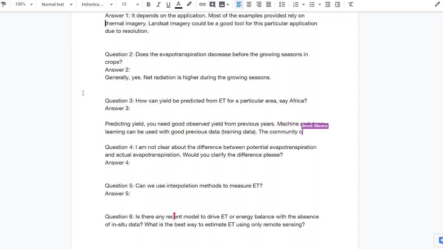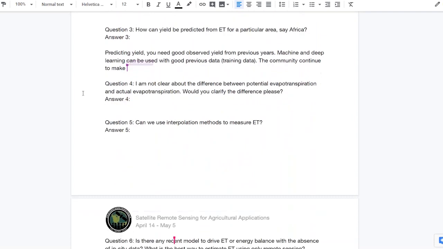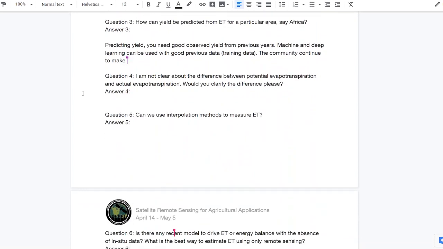Great. Question 4: I'm not clear about the difference between potential evapotranspiration and actual evapotranspiration. Would you clarify the difference, please? Yeah, so think of potential as what would happen if all of the conditions, all those drivers that control evapotranspiration, were optimal: well watered, sufficient soil moisture, lots of solar insolation.